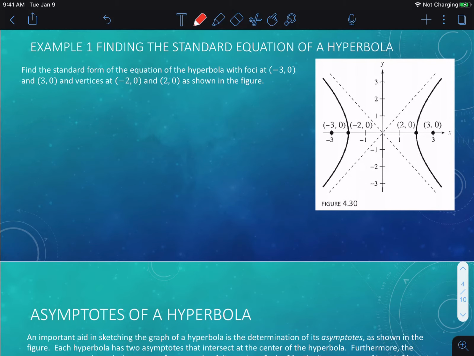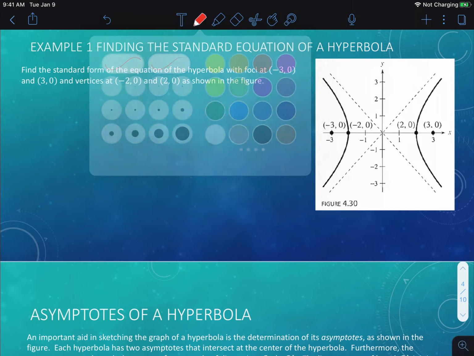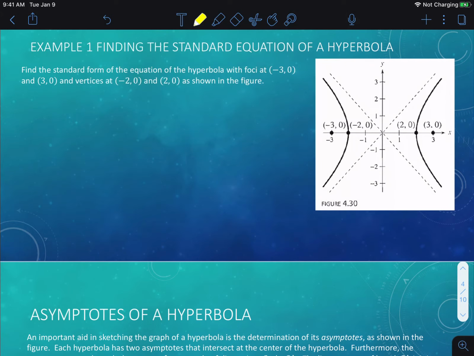So here is a hyperbola that's given to us in a figure, and it has foci located at (-3, 0) and at (3, 0), and vertices located at (-2, 0) and at (2, 0).